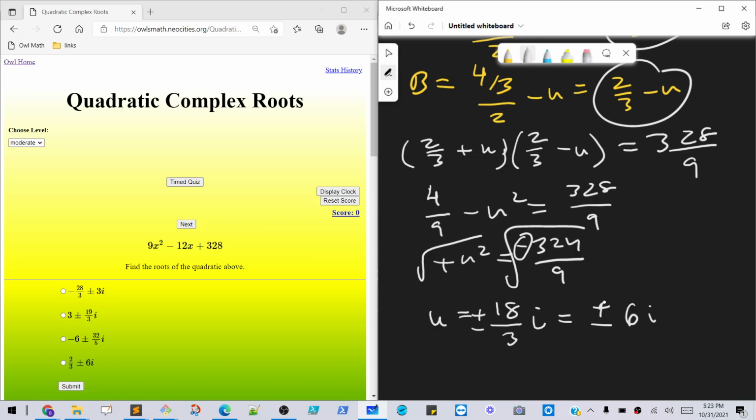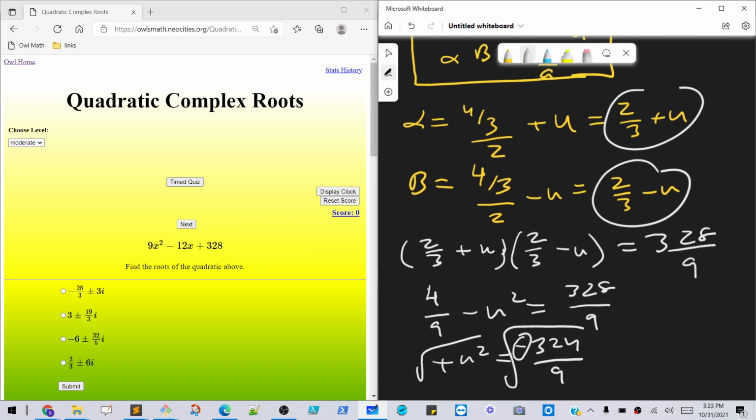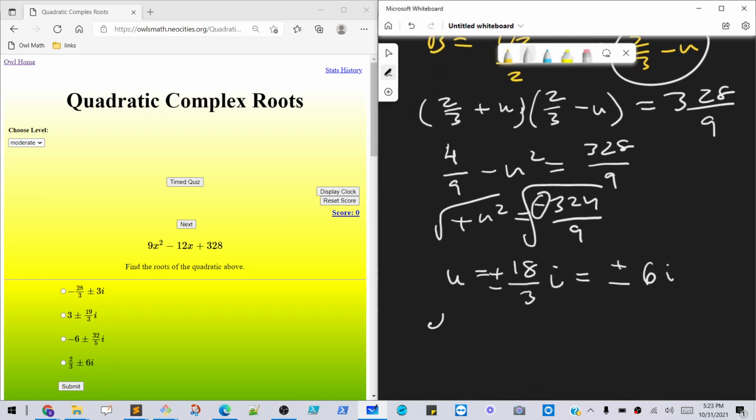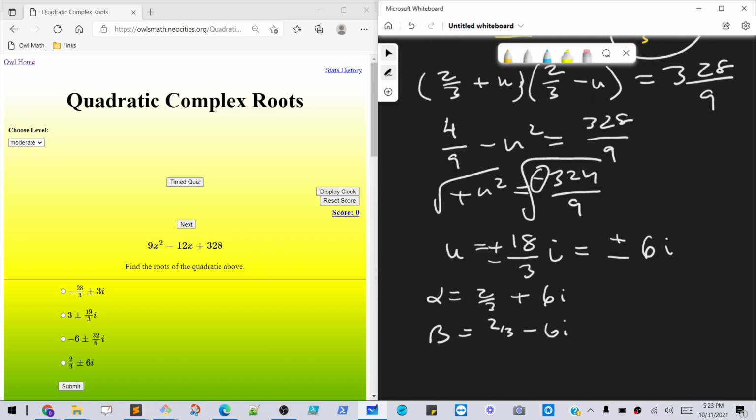Okay, so our u value is plus or minus 6i. And then if we go back to our definition of how we set up alpha and beta, alpha is going to be 2/3 plus 6i, and beta is going to be 2/3 minus 6i.